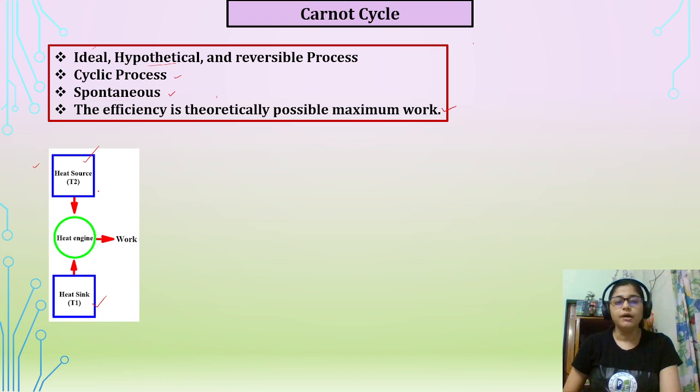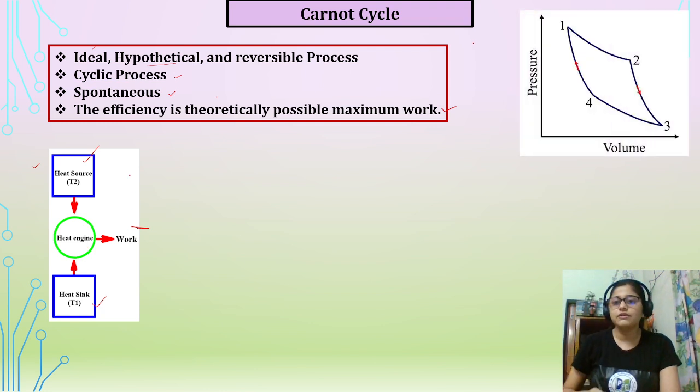By absorbing some heat from the heat source, it gives you work. So that is the simple process of a heat engine. It absorbs some heat, does some work, and releases some of the heat, not all, some of the heat.